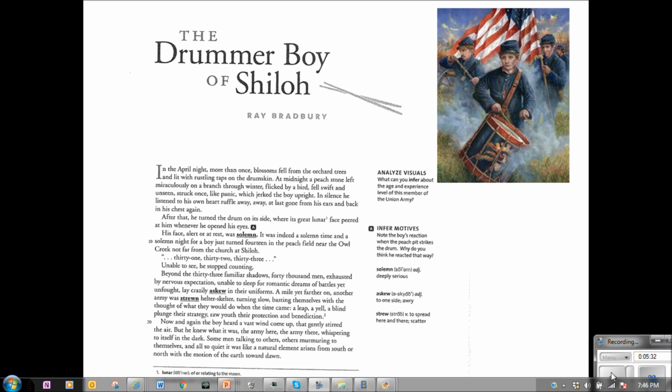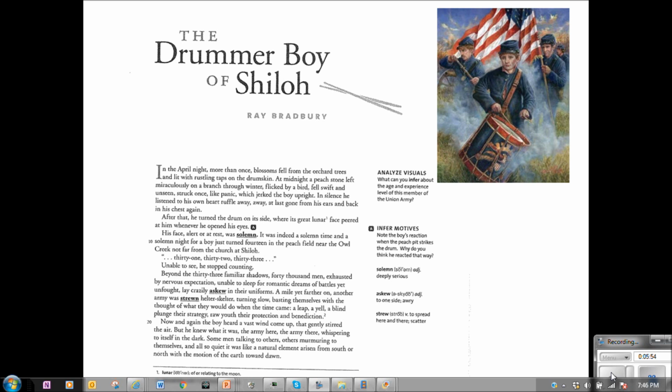In silence, he listened to his own heart ruffle away, at last gone from his ears and back in his chest again. After that, he turned the drum on its side, where its great lunar face peered at him whenever he opened his eyes. His face, alert or at rest, was solemn.